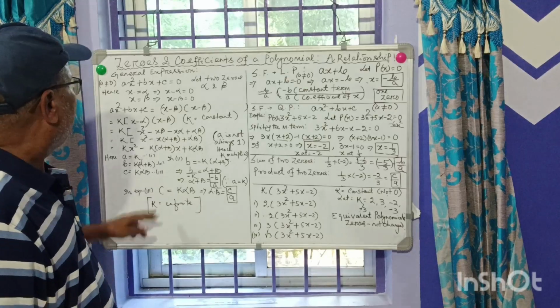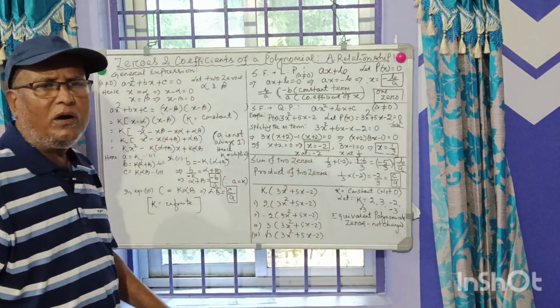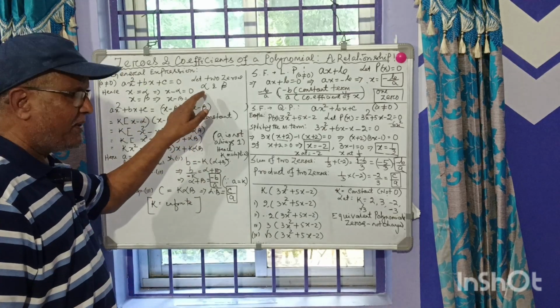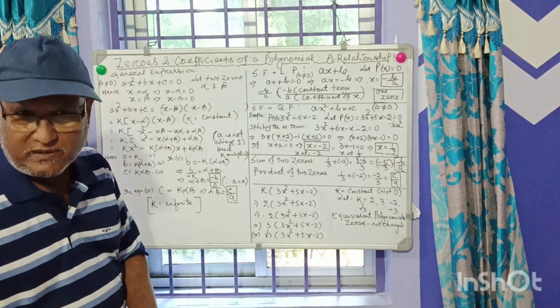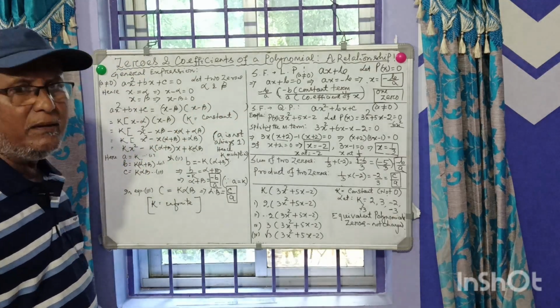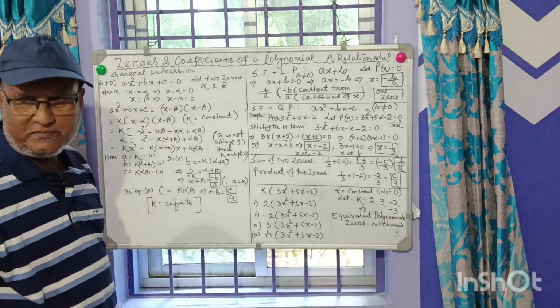Anyway, now we have two zeros of a quadratic polynomial. Let one zero be alpha and the other zero be beta. These are Greek letters, never be confused. If x is equal to alpha, then by transposition x - alpha is equal to 0.